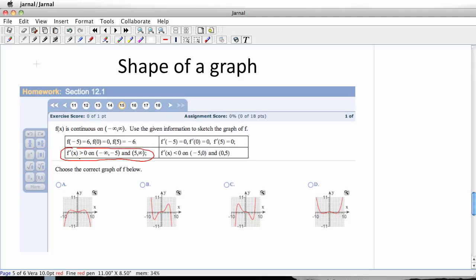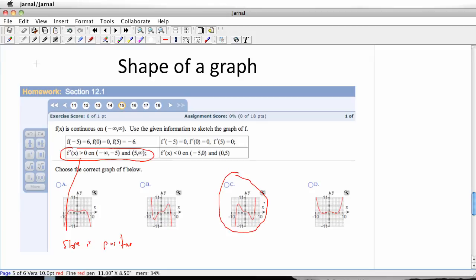F prime of x greater than 0 means slope is positive. So they're telling me the slope is positive from minus infinity to minus 5, and then from 5 to infinity. So this graph, for example, looks like it probably has that going on.